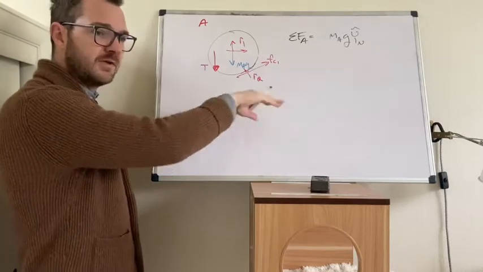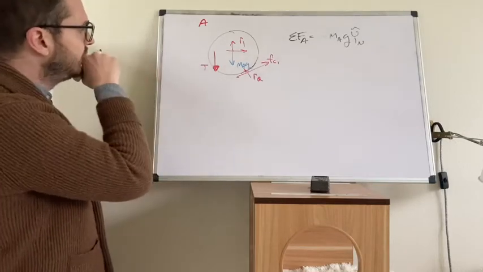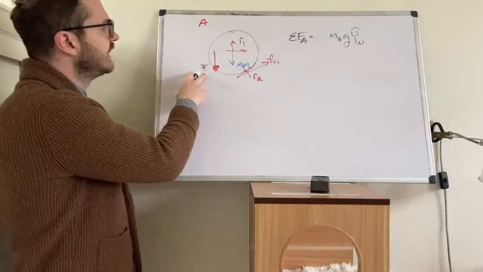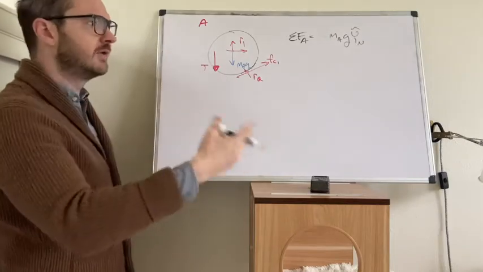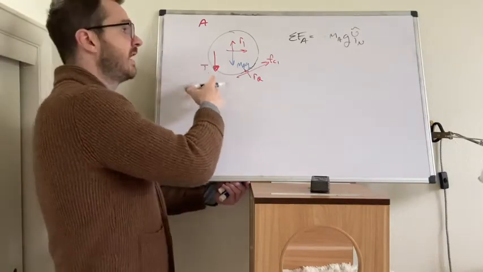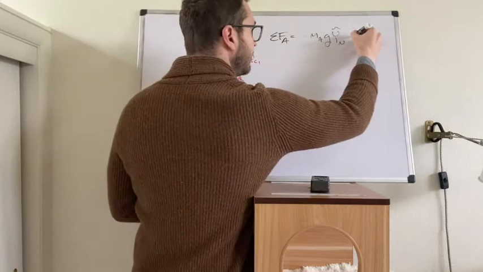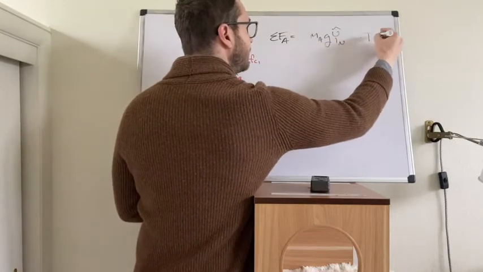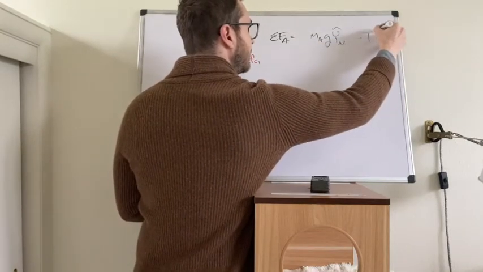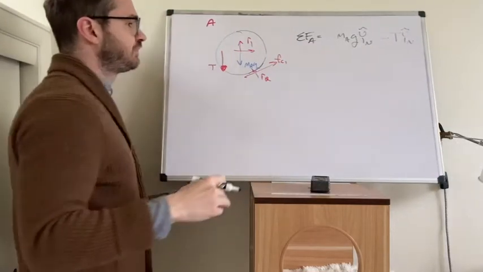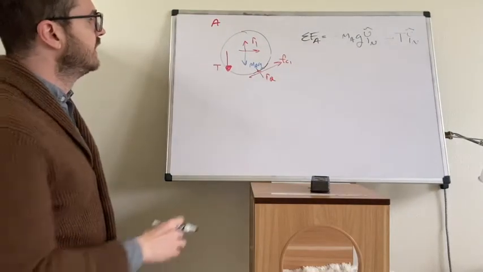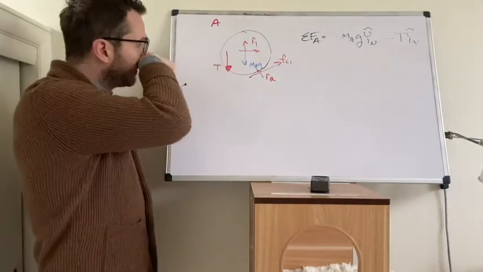It's not swinging side to side. That means that the tension is always acting in the Y hat N direction. So we drew it down. I'm going to say minus T in the Y hat N. Okay, that takes care of gravity, that takes care of T.